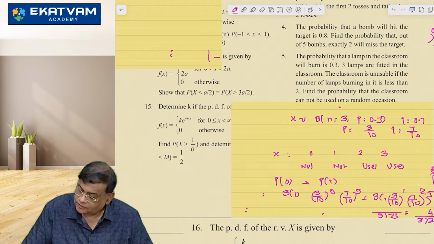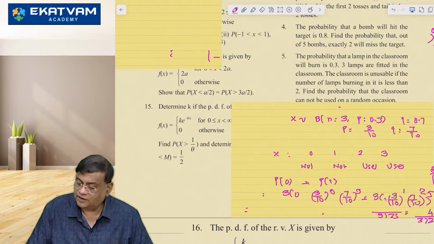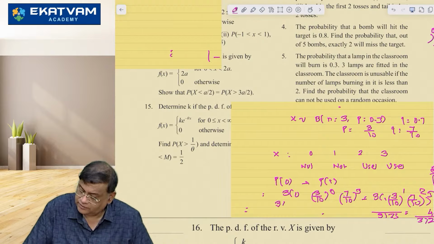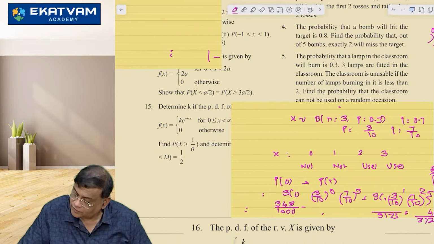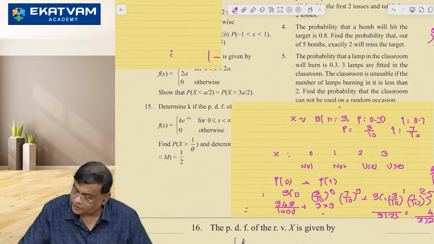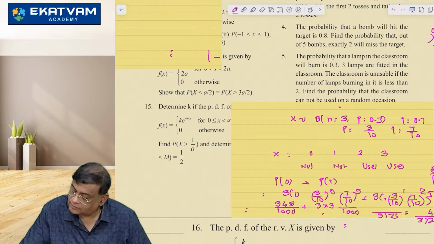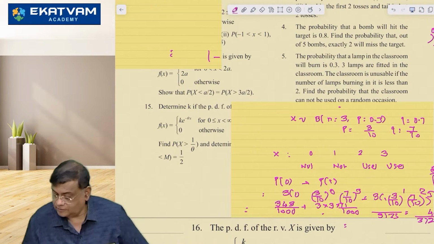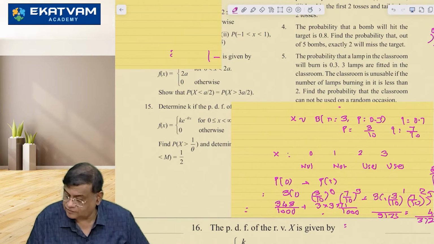So this is 7 raised to 3, how much is it? 49 into 7, 343. 10 raised to 3 is 1000. Plus it will be 3 into 3 raised to 1 into 1 upon 1000. Therefore 343 plus 63.